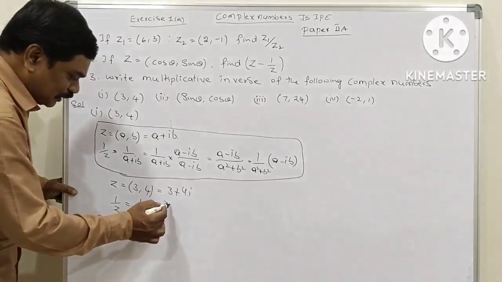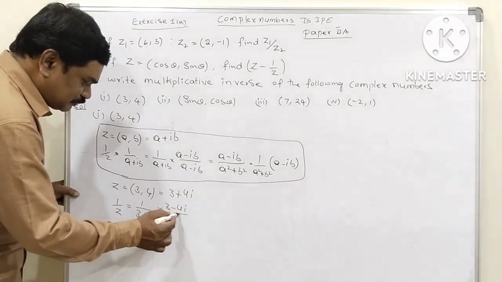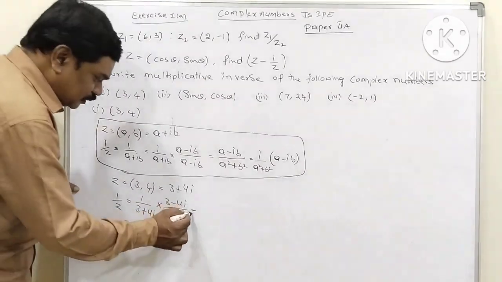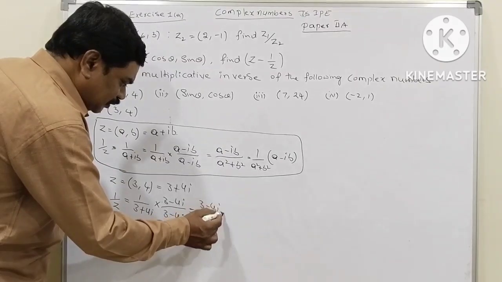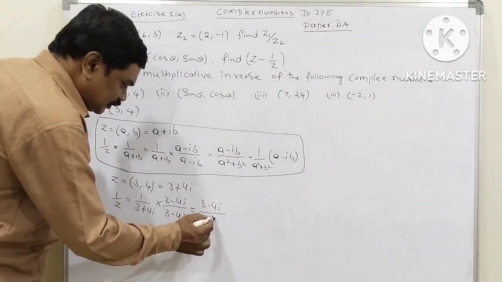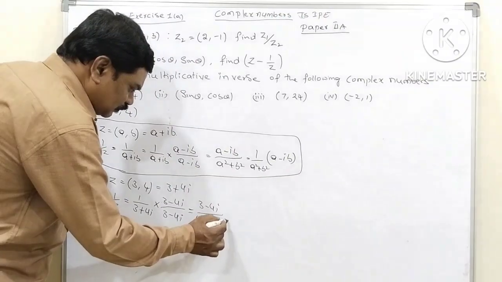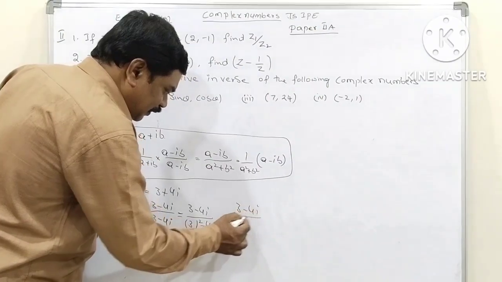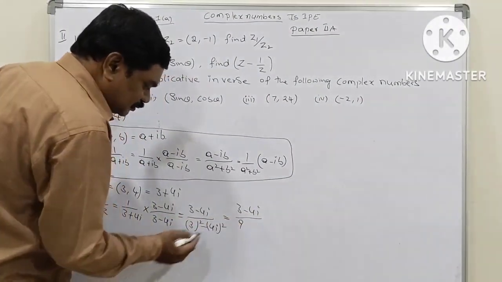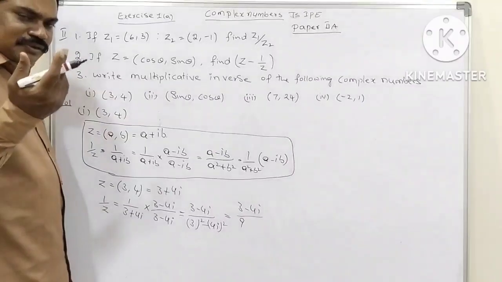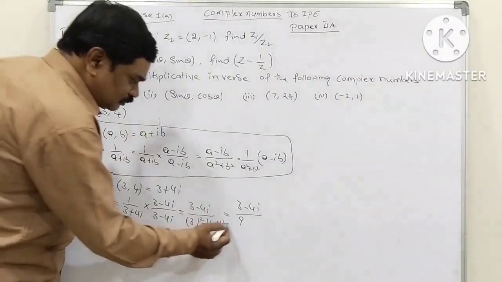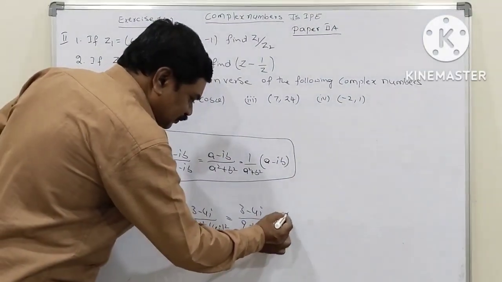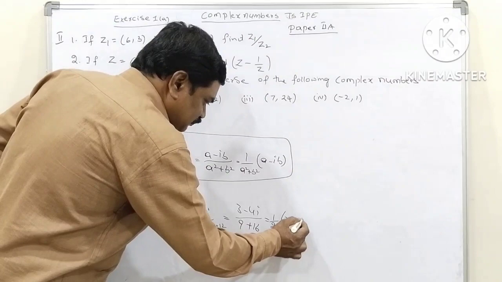You multiply with 3 minus 4i and divide with 3 minus 4i, which is equal to (3 minus 4i) by 3 square minus (4i) whole square, equal to (3 minus 4i) by 9, i square is equal to minus 1, minus into minus plus 16, is equal to 1 by 25 of (3 minus 4i).